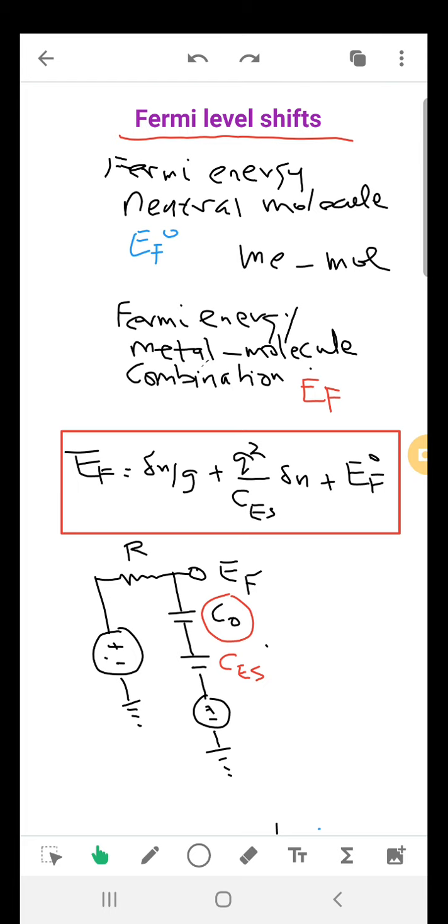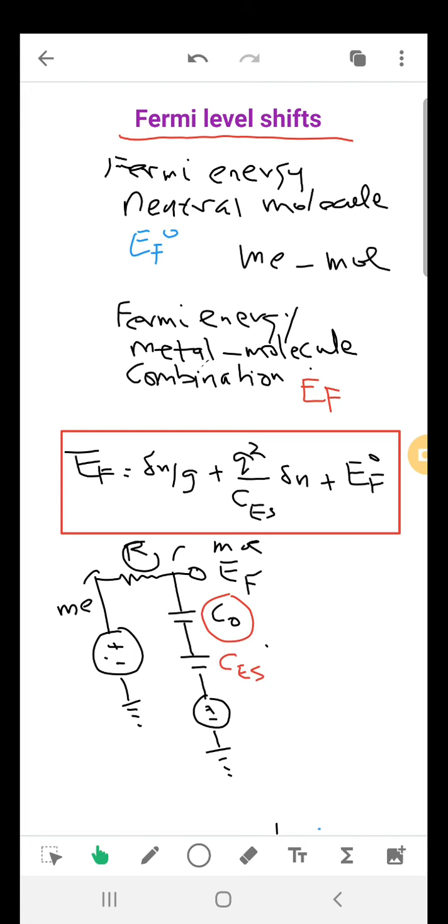And we can draw an equivalent circuit where this part is your metal and this part is your molecule, and they are joined by resistance R. This is the quantum capacitance, and this is the electrostatic capacitance.